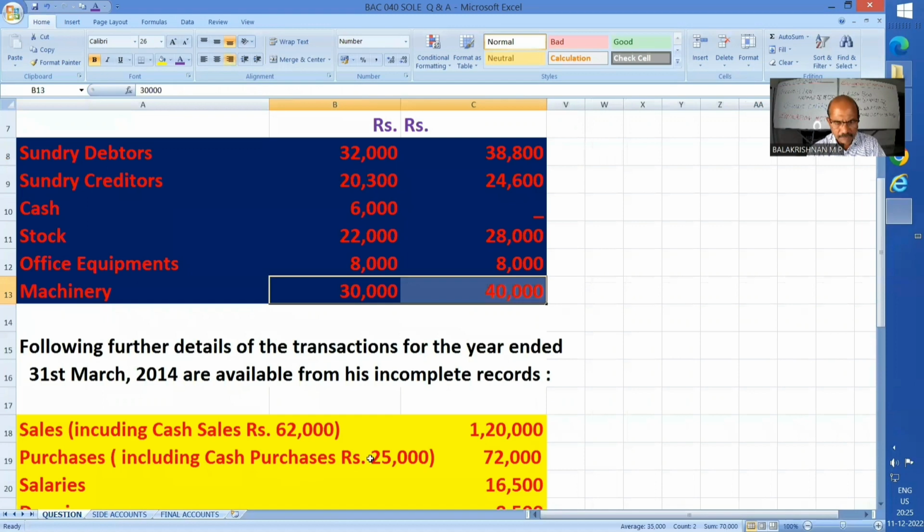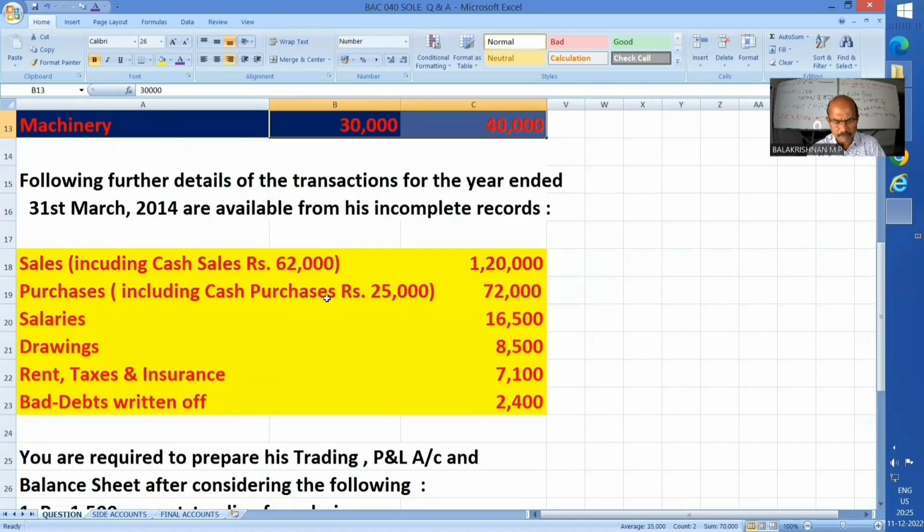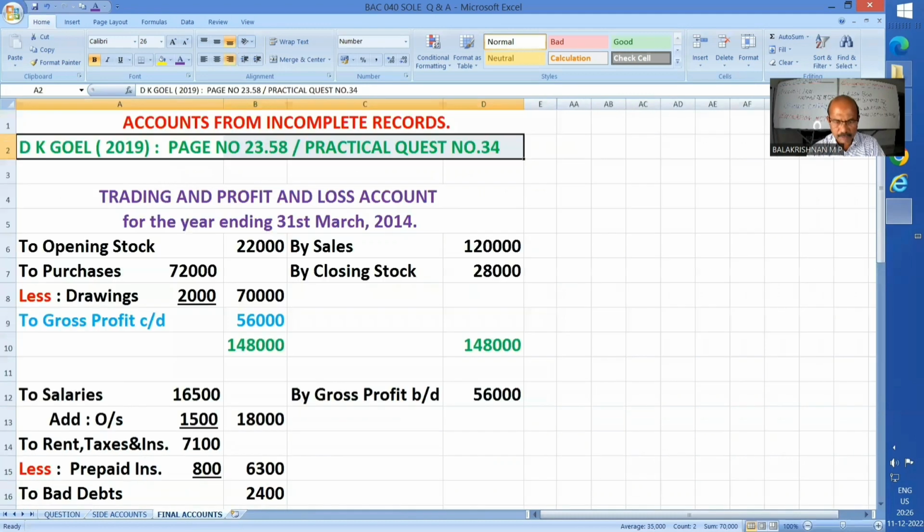Purchases. So we need to take here only the full amount. Purchase means cash plus credit. That's all required only for preparing the account. Here we need the full purchase. Similarly, full sales. So 72,000 and 1,20,000.